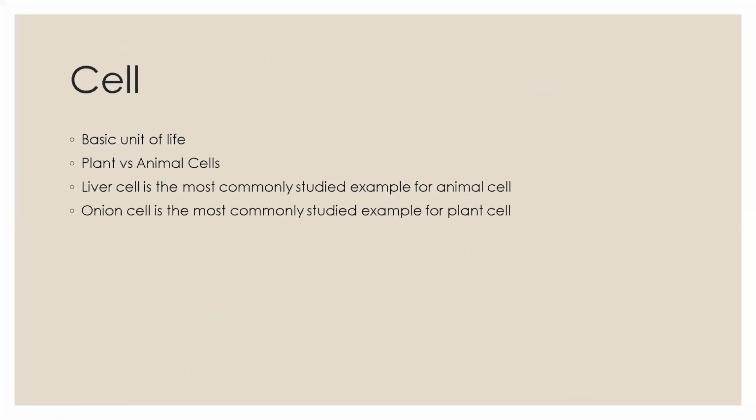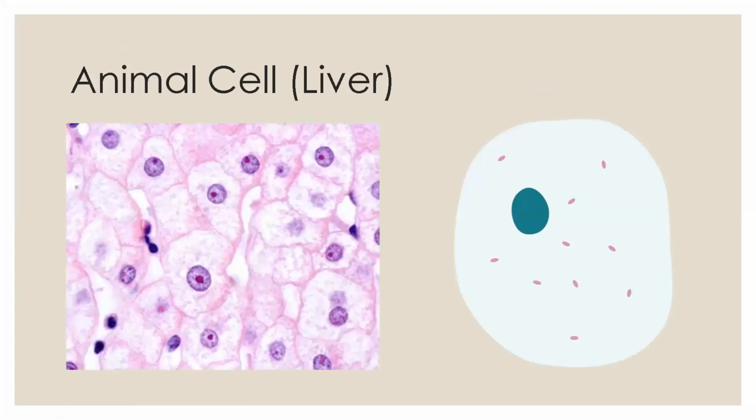For plant cells, an onion cell is the most commonly studied example. And for animal cells, the liver cell is the most commonly studied example. So this is the liver cell shown. If you look at one individual cell, you can see that it looks somewhat like this.